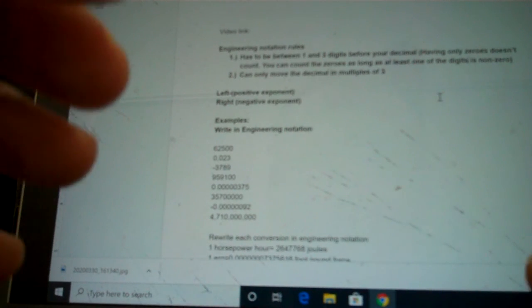It says has to be between 1 and 3 digits for a decimal. Having only zeros doesn't count. You can count the zeros as long as you have a non-zero to go with it. Okay.